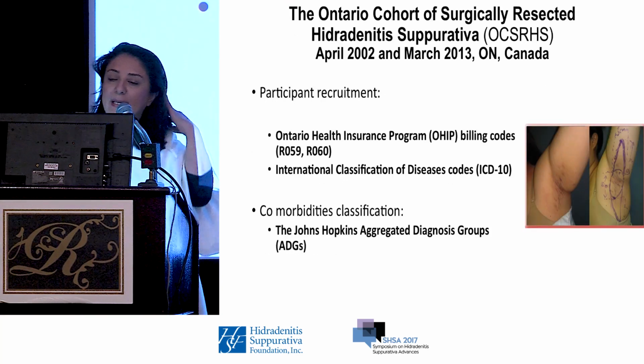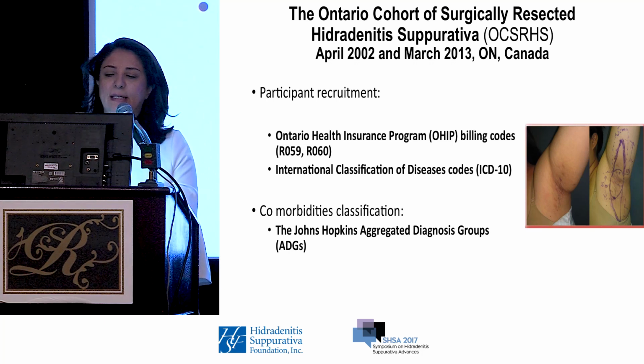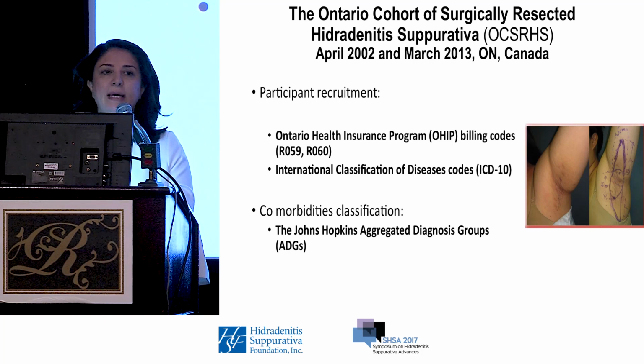What we did in this study is build the Ontario Cohort of Surgically Resected HS, or OCSR-HS. We looked at the data for 10 years, 2002 to 2013, in the Ontario database.